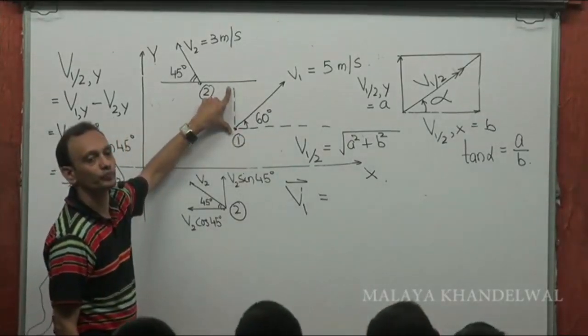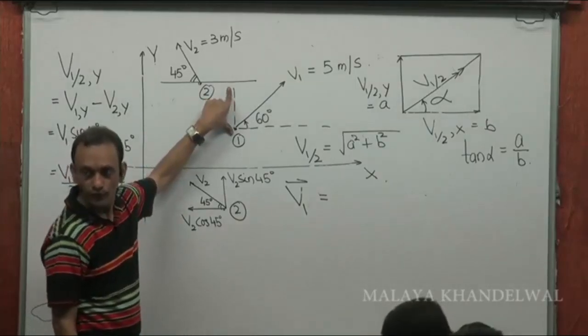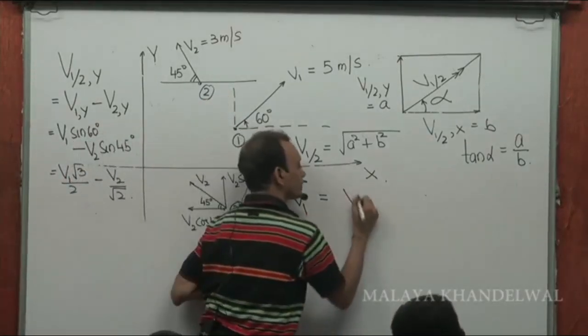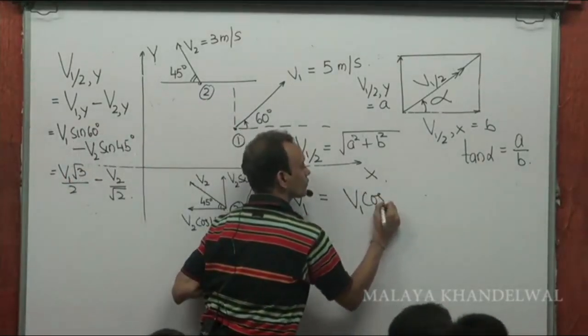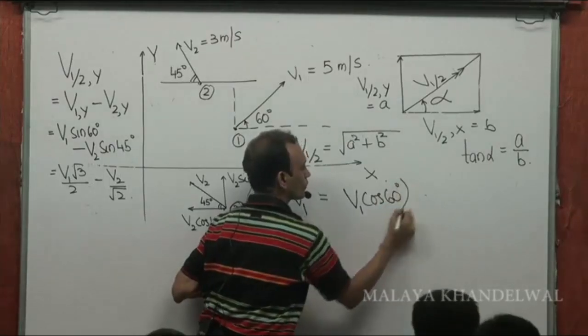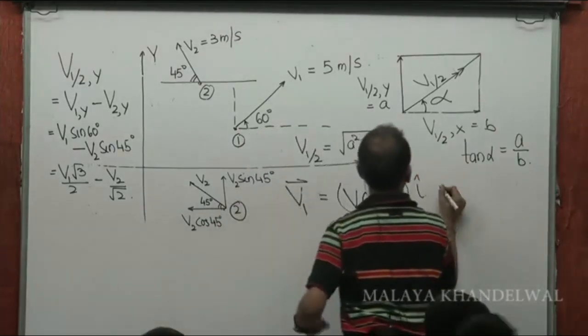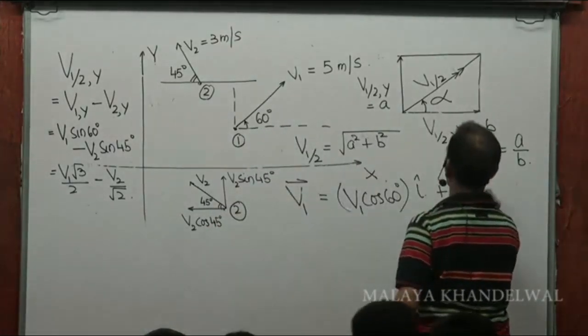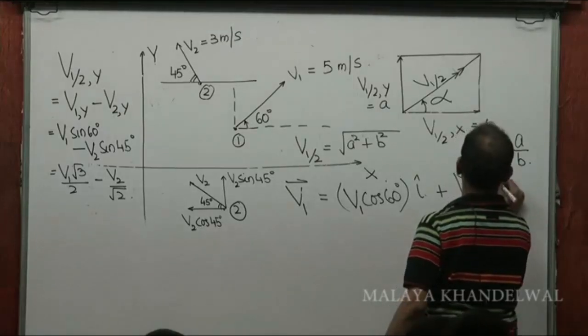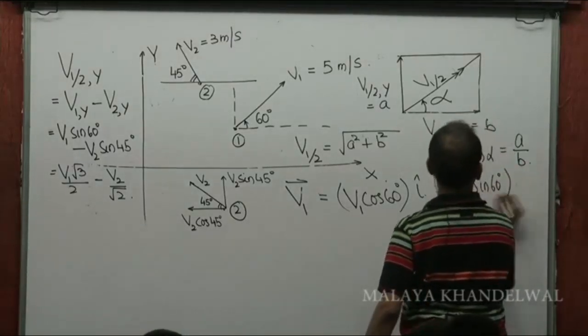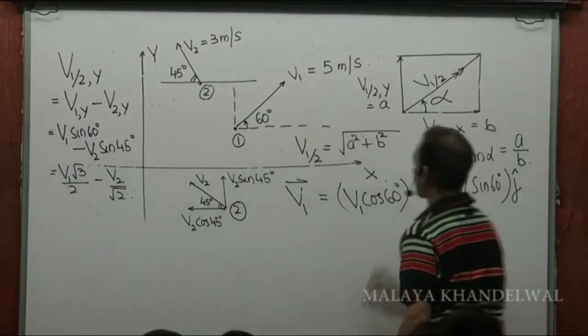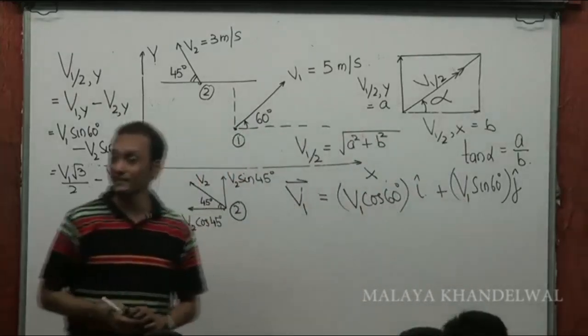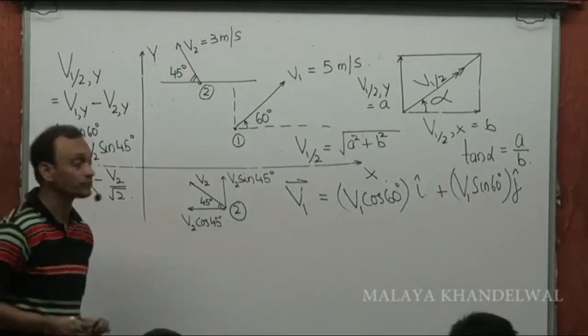Yes or no? Right? That's the velocity of 1 written vectorially. Do you all understand this?